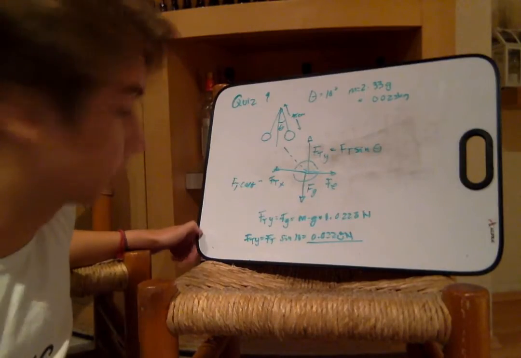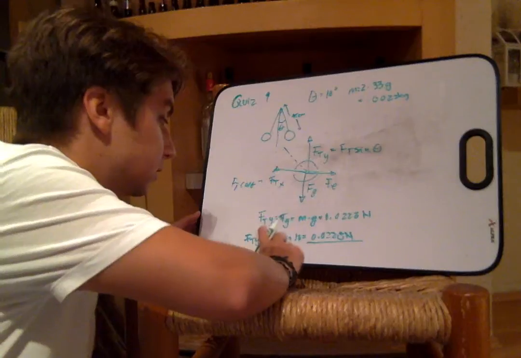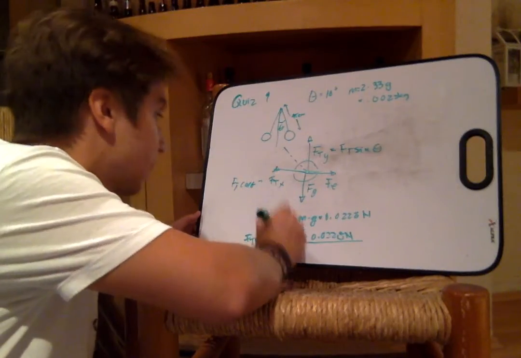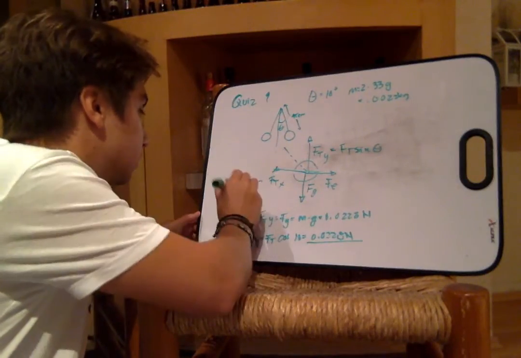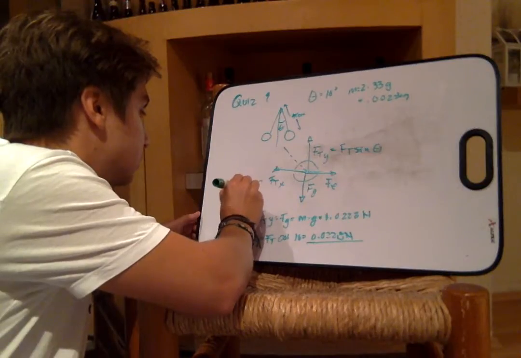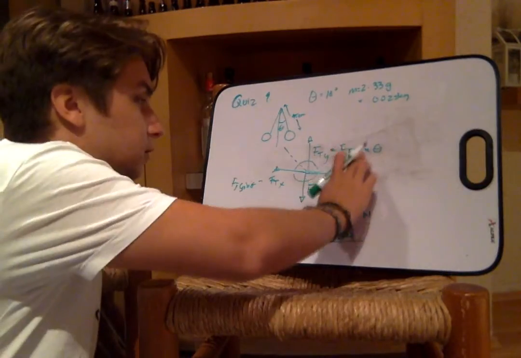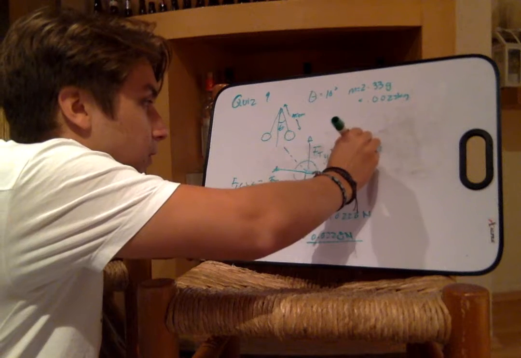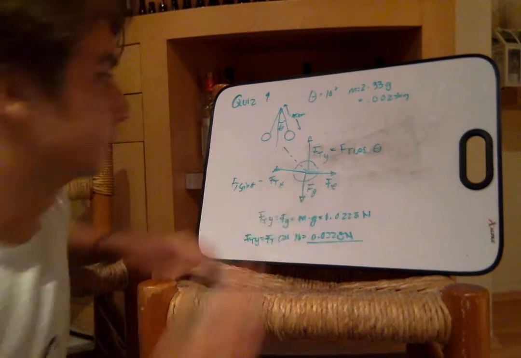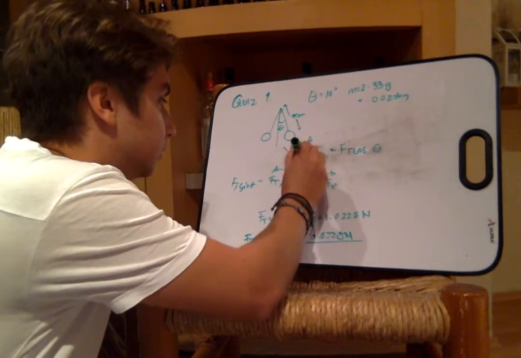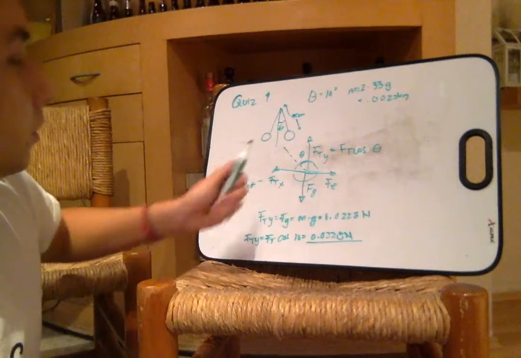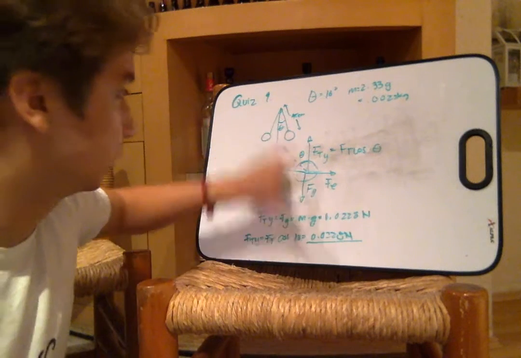I'm completely lying. This is the cosine. This is the sine, and this is the cosine. Why is that? Because here, this is our angle. This is our new angle. So this is the complementary angle of that one.